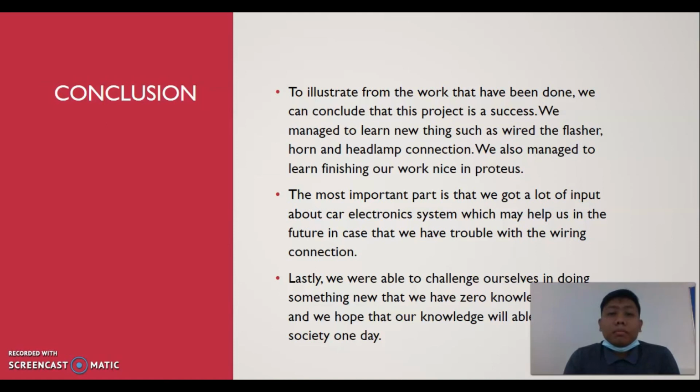The most important part is that we got a lot of input about car electronic systems, which will help us in the future in case we have trouble with the wiring connection. Lastly, we were able to challenge ourselves in doing something new that we had zero knowledge about, and we hope that our knowledge will be able to help society one day.